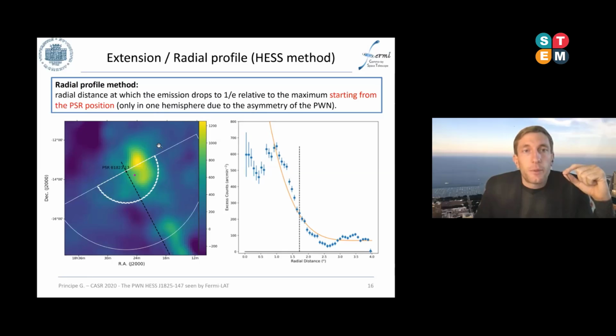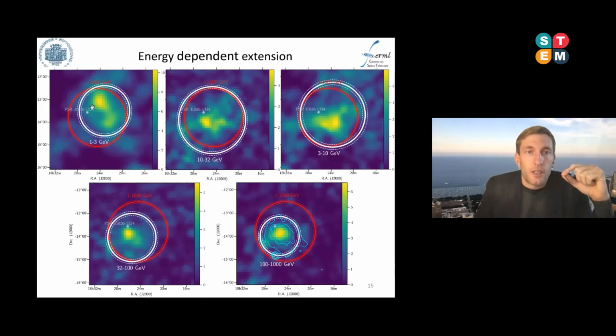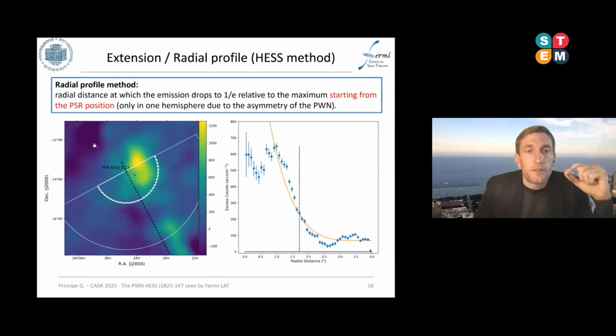Similarly, we performed the study of the morphology also using a radial profile method, because the other method was a 2D Gaussian, which is more symmetrical. But if we believe that the pulsar accelerates the particles, then we could consider counting the extension starting from the pulsar position, and define the extension as the distance at which the flux drops to a factor 1 over e with respect to the maximum.